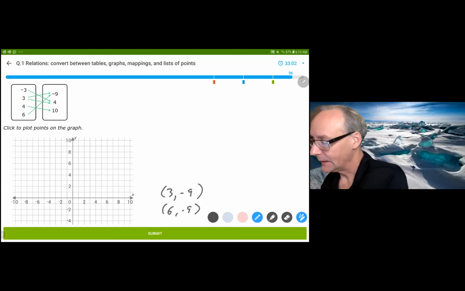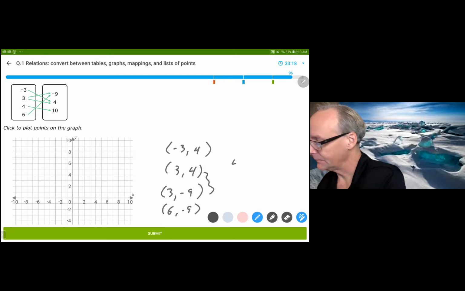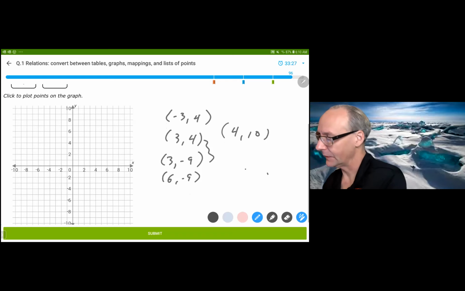We've got -3, 4, and I'm going to go ahead and write them. -3, 4. I've got 3, -9, and 3, 4. These are my problem children here. We have 4, 10, and we have 6, -9. It looks like we have 5 values altogether. So yeah, there we go.